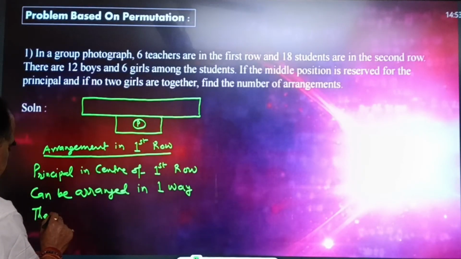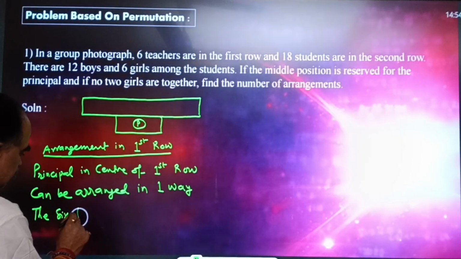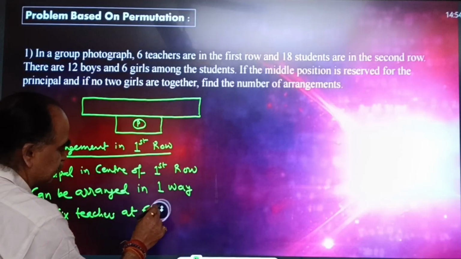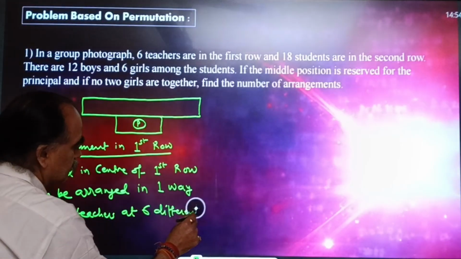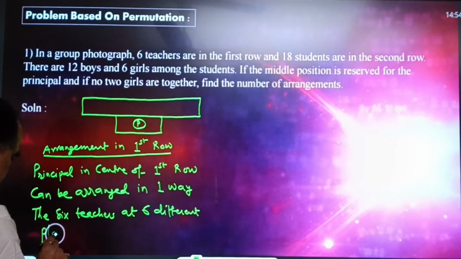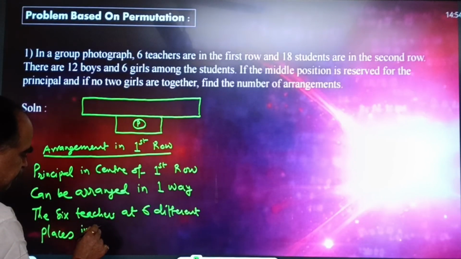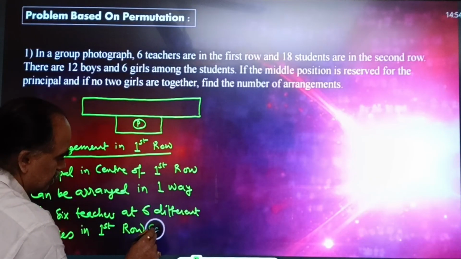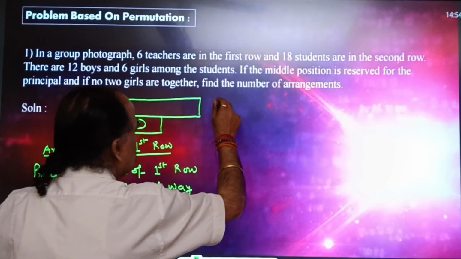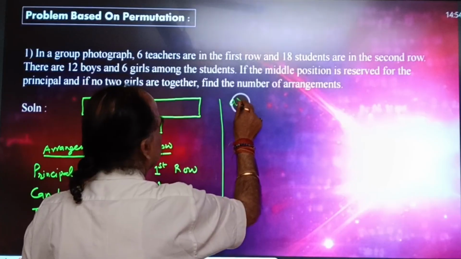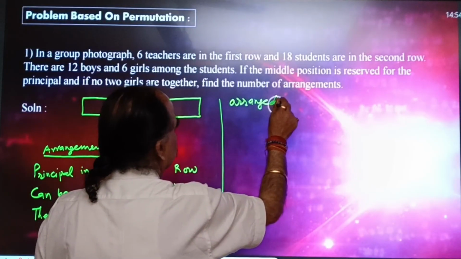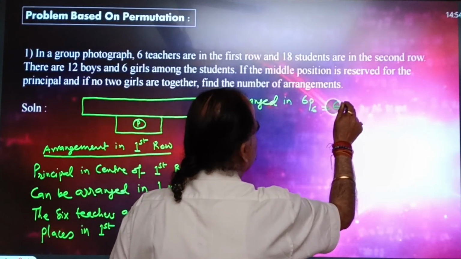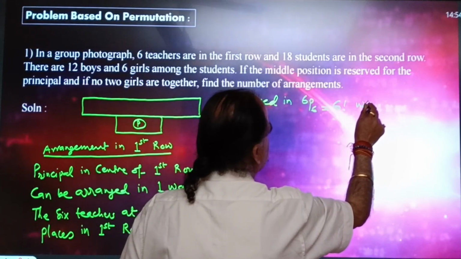The 6 teachers at 6 different places in the first row can be arranged in 6 factorial ways.